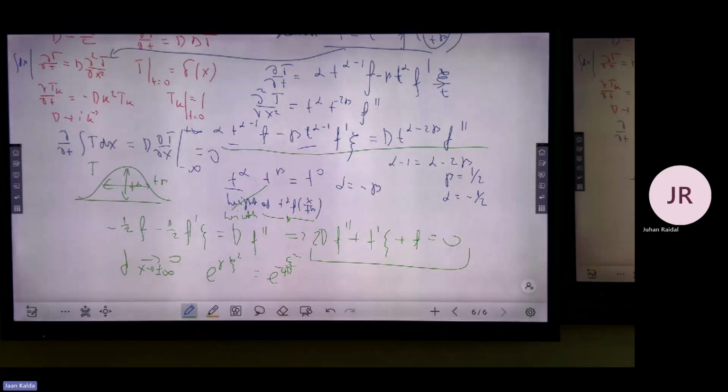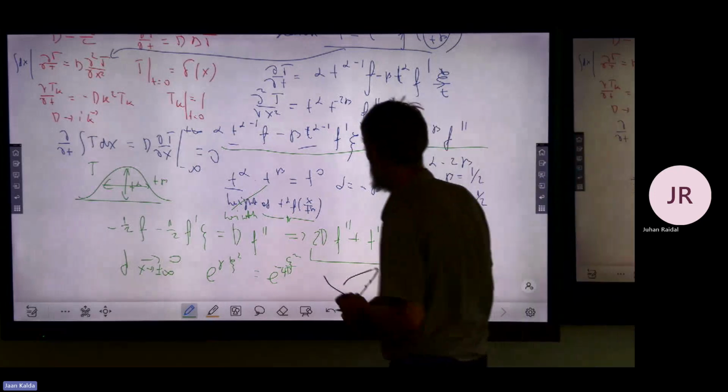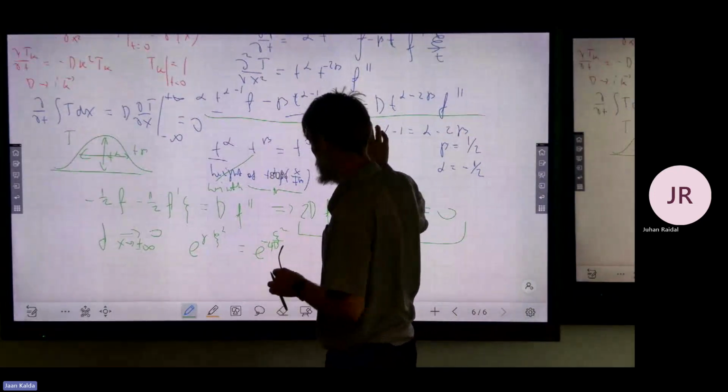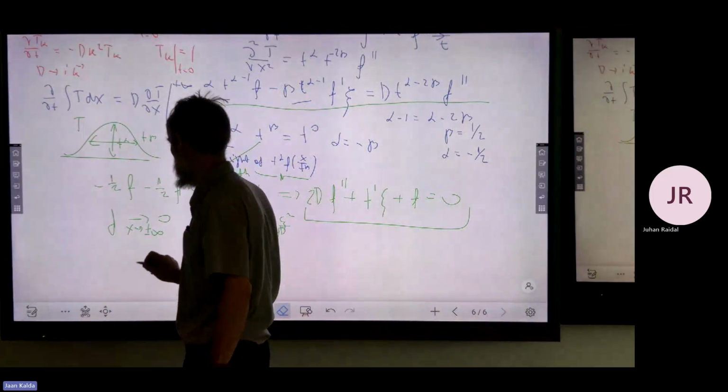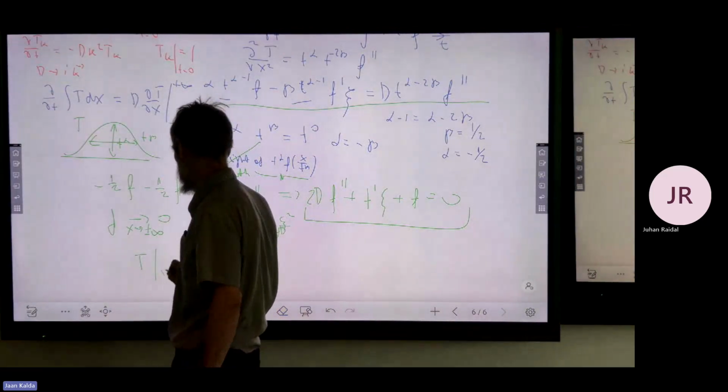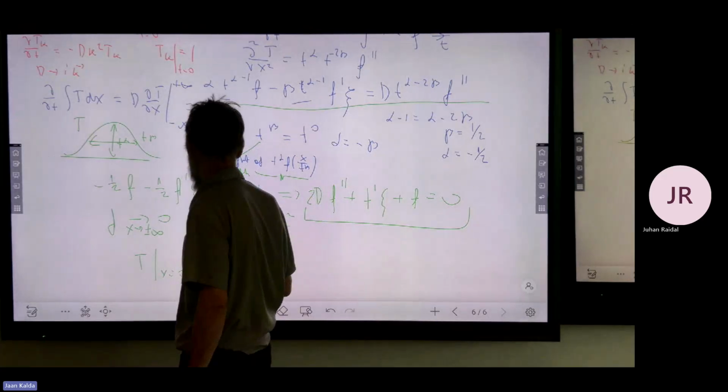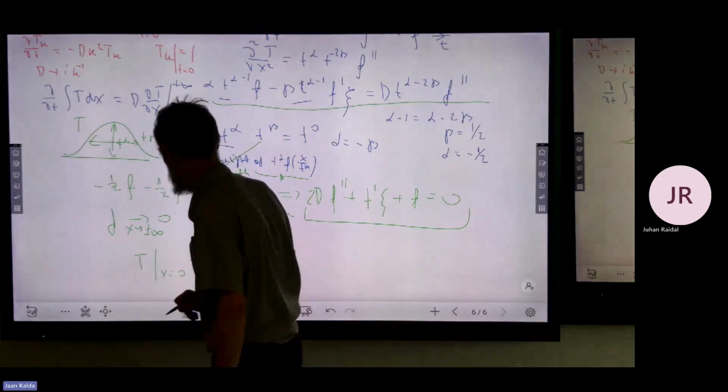But that's not all here. So what we obtained here is a Green function. But there is also another self-similar solution that is possible if we take another initial condition. So if our initial condition is T at x equal to 0 is T0, fixed.